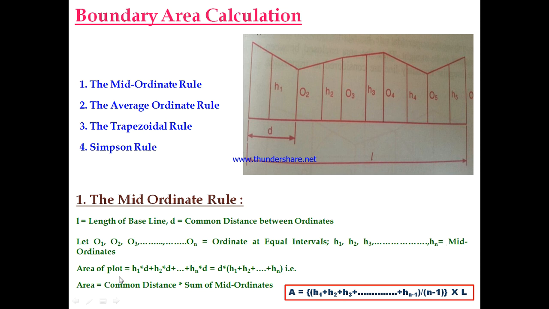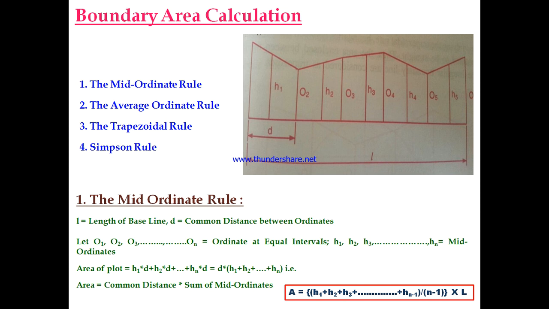Now what we need to do is calculate the area of the plot, which will be equal to H1 into D plus H2 into D plus H3 into D plus H4 into D, and so on. In this manner, the area will be equal to the common distance D multiplied by the sum of the mid ordinates.